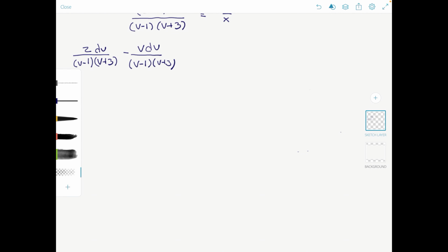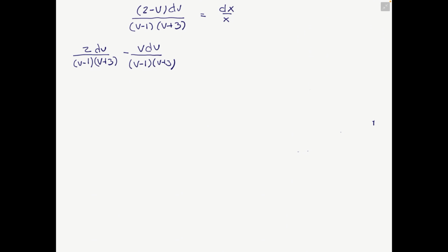Let's clean the board. And we got 2 times 1/4, so we got 1/2 dv on v minus 1 minus 1/4 times 2 is minus 1/2 dv on v plus 3 minus v on v minus 1 times v plus 3 dv equals dx on x.